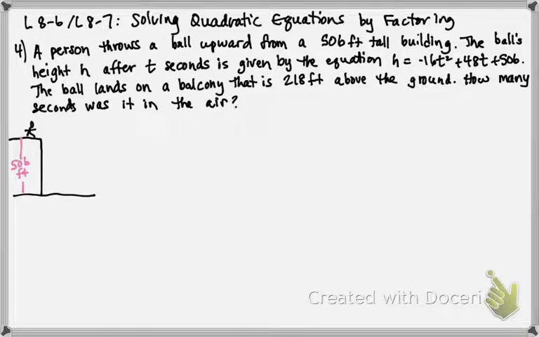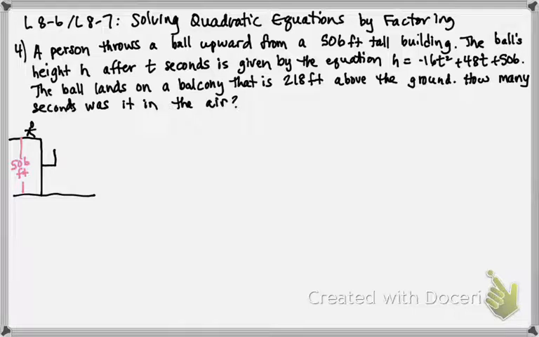It says that the person throws a ball upward from a 506 foot tall building, and then the height after t seconds is given by the equation, and then it lands on a balcony that is about 200 feet above the ground.